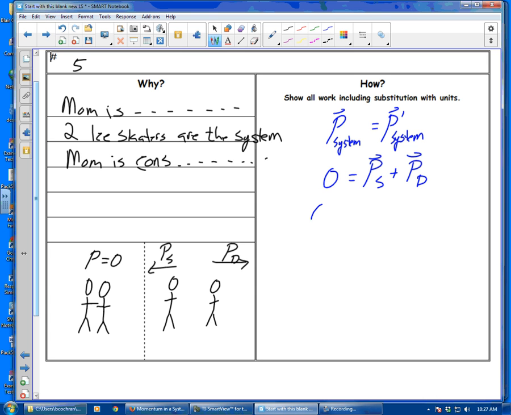So I'm going to have 0 equals momentum of the skater plus a negative momentum of the dater. So that tells me that the momentum of the skater must equal the momentum of the dater. A little tricky math there.